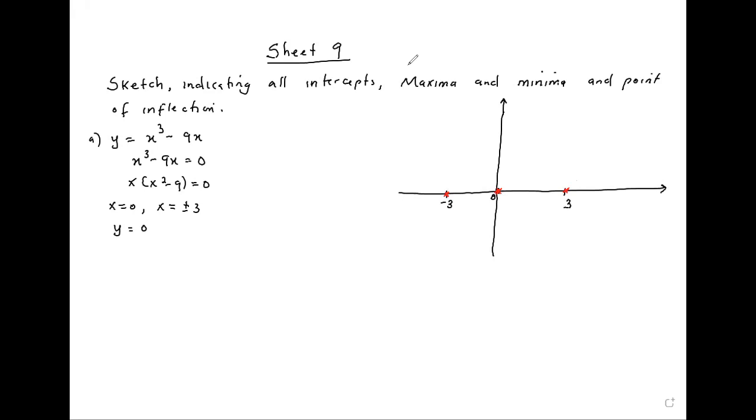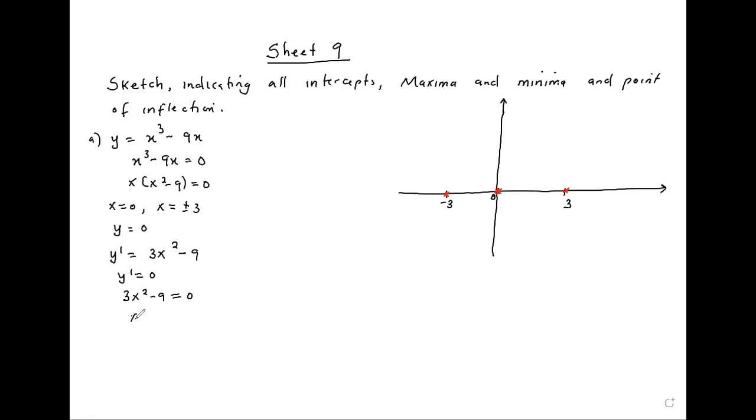Remember, when you're dealing with polynomials, when you do calculus, you know the turning points. So what are the turning points? You differentiate this, you get the first derivative, which is 3x squared minus 9, and equate it to 0. So solve y prime is equal to 0. That is 3x squared minus 9 is equal to 0.